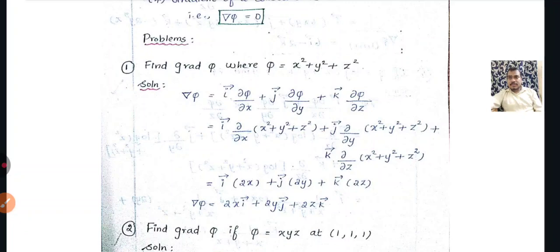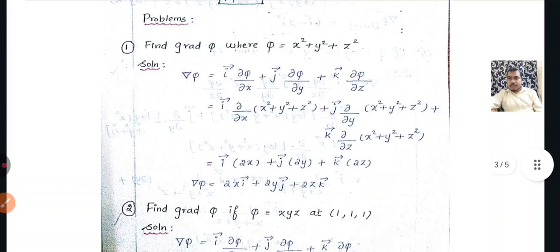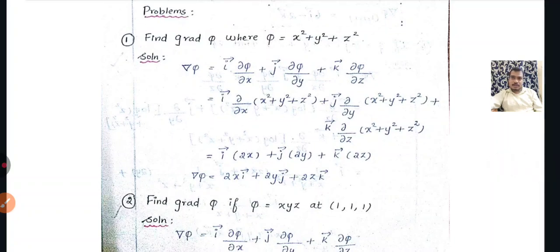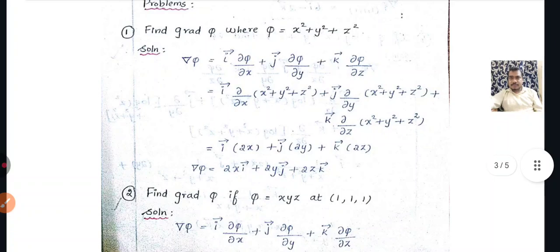The question is: find grad pi where pi equals x squared plus y squared plus z squared. Solution: the formula is gradient of pi equals i vector into dou pi by dou x plus j vector into dou pi by dou y plus k vector into dou pi by dou z, where pi is x squared plus y squared plus z squared. Differentiate the first term, dou by dou x of x squared plus y squared plus z squared.